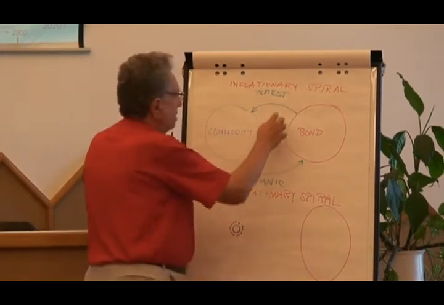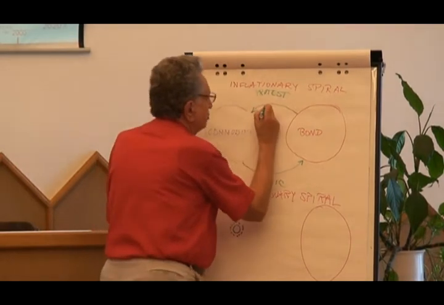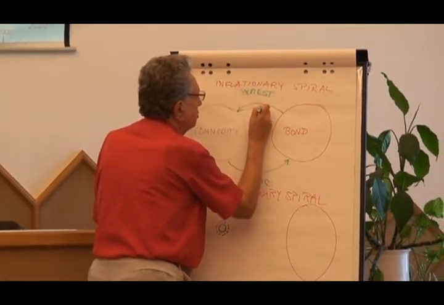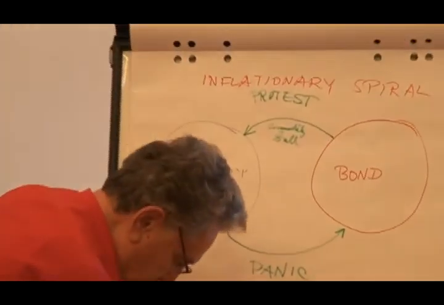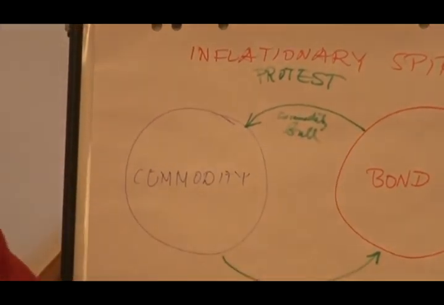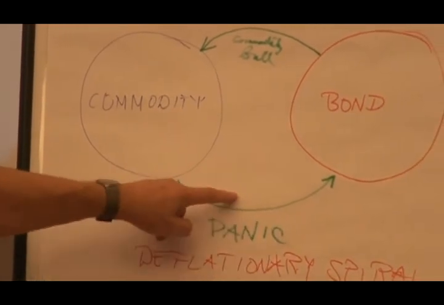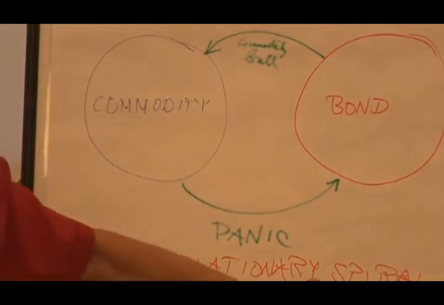So here you have a bull market which you could call commodity bull. And this is not usually recognized as a bull market, because this is the deflationary spiral.